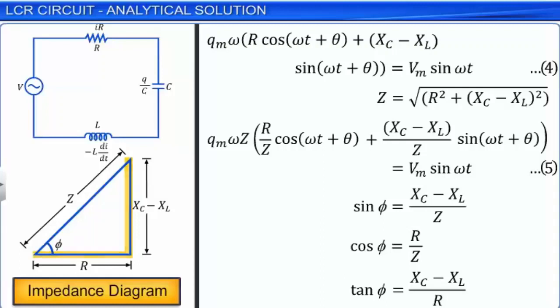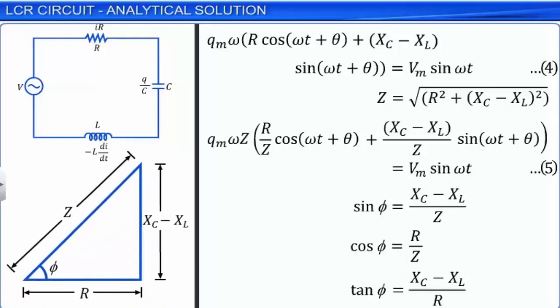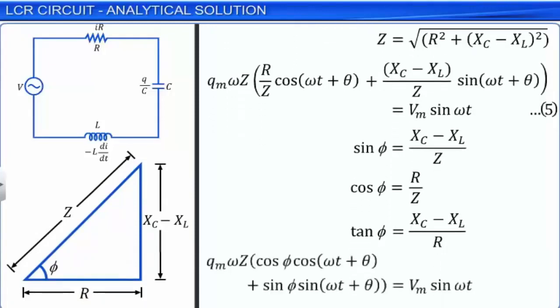Substituting the values of cos phi and sin phi in equation 5, we get Qm omega Z [cos phi cos(omega t plus theta) plus sin phi sin(omega t plus theta)] is equal to Vm sin omega t.